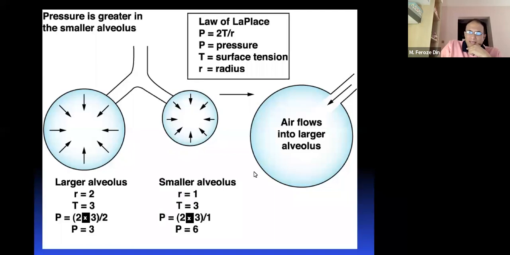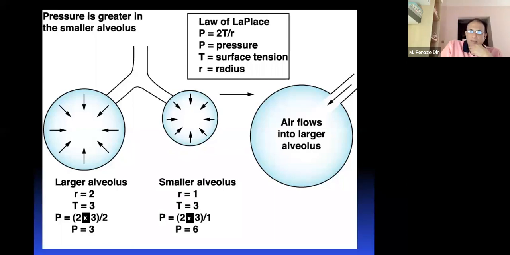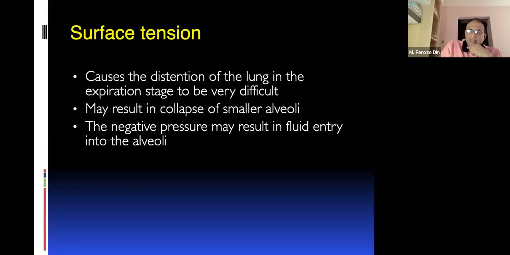Air would then go from the smaller alveolus into the larger alveolus, resulting in collapse of the smaller alveolus. Obviously, this shouldn't happen, otherwise all the small alveoli would collapse. So this is the danger of surface tension, number one.